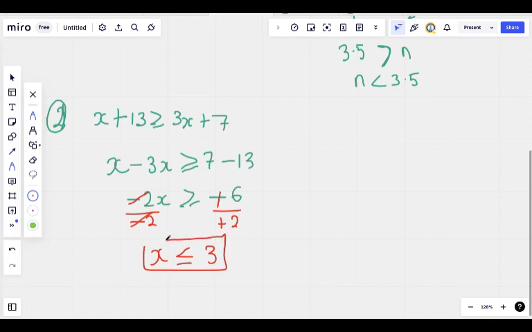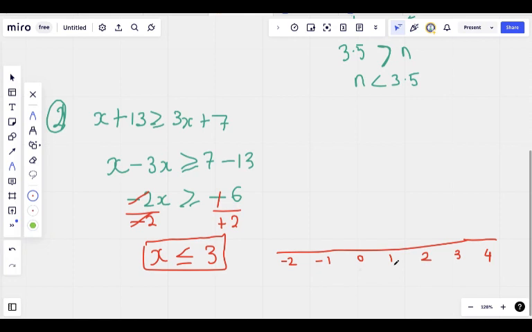And we can show this on a number line. If I draw a number line, you have -2, -1, 0, 1, 2, 3, and let's extend it to 4.